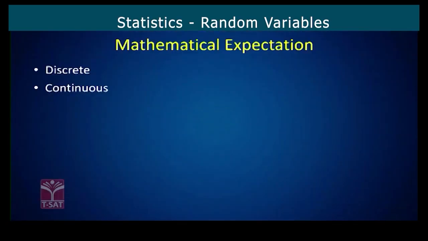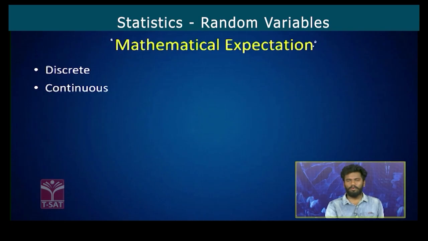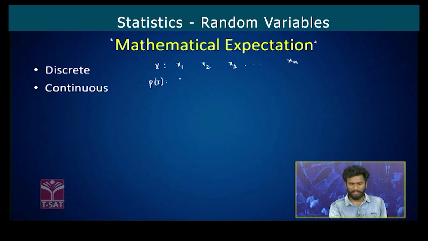Next, mathematical expectations. So first, what is this mathematical expectation? We'll see. Let us consider a random variable x. It is taking values x1, x2, x3, so on up to xn, and the corresponding probabilities are small p1, small p2, small p3, so on up to small pn. Now, mathematical expectation is denoted by E of x.